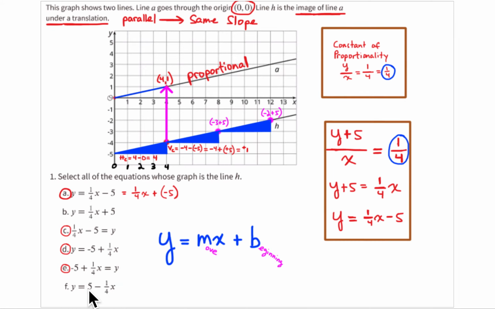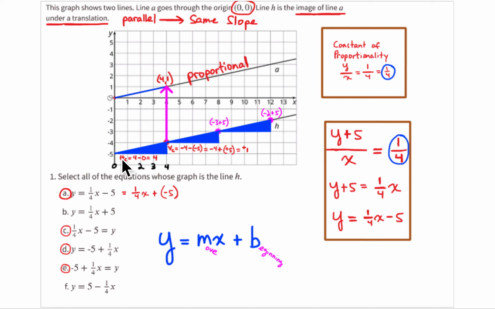And so one last thing, what they're trying to do is to get you just to recognize what the slope is. The slope in this case is the value that repeats, and it's the value that moves. That's m. So in this case, it was 1/4. So for 4 units in the x direction, you moved 1 unit in the y direction. So that amount repeats.